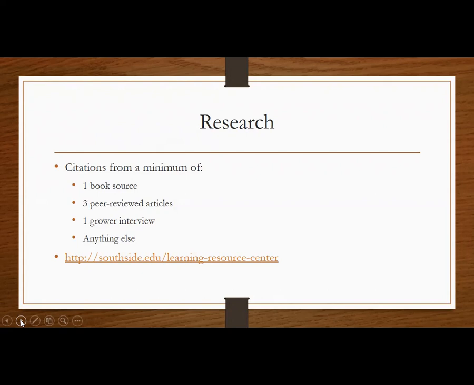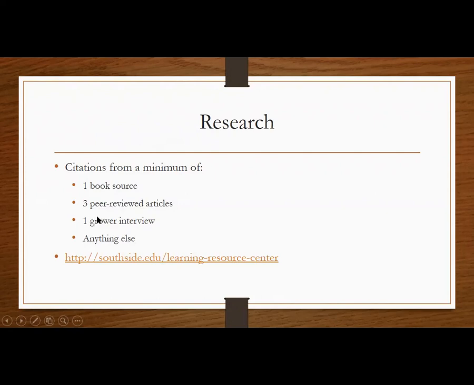I want you to cite a minimum of, say, 5 sources. One of those should be a book source. Two or three of those should be peer-reviewed articles.